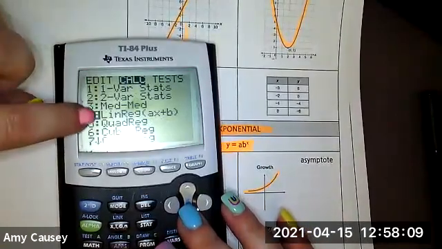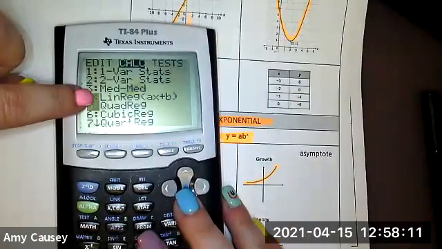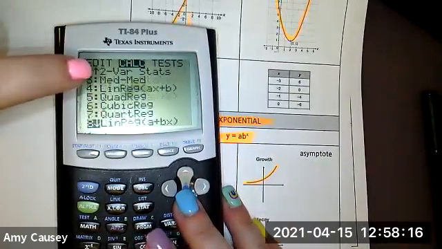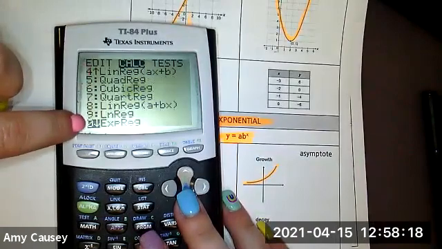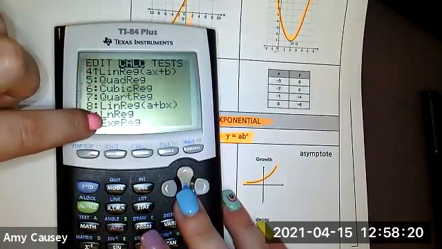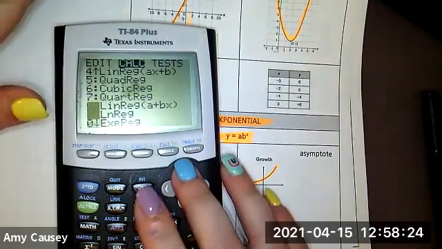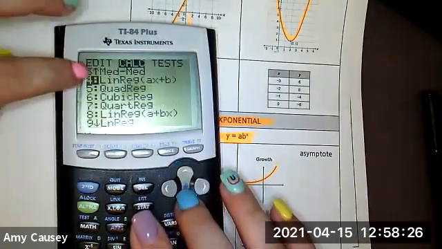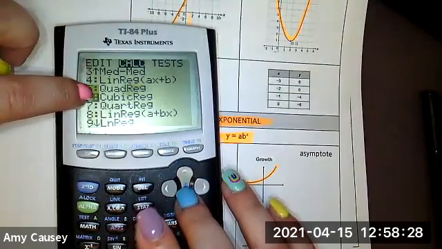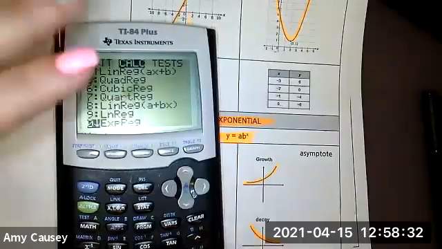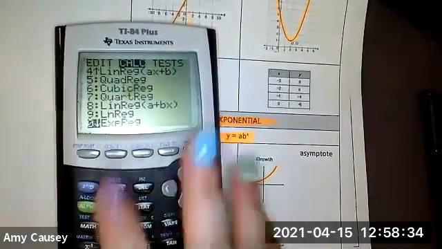You have to decide if it's a line, if it's a quadratic, or, and we'll go down to exponential, if it's exponential. So see the EXP here? You have to make a decision between those. If it's number 4, a line, number 5, a quadratic, or number 10, an exponential. Because otherwise your calculator won't give you the right equation.